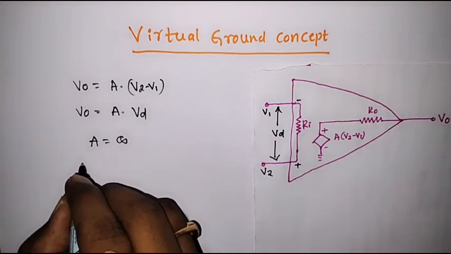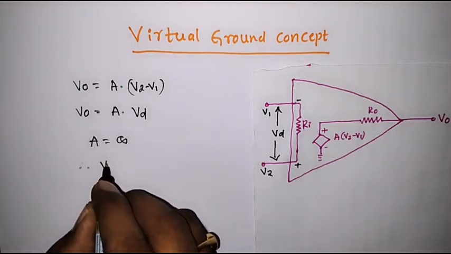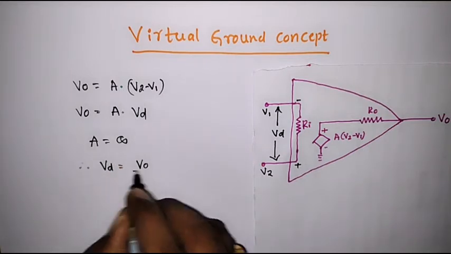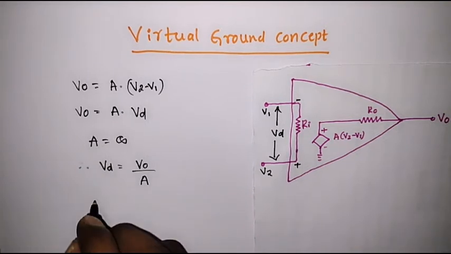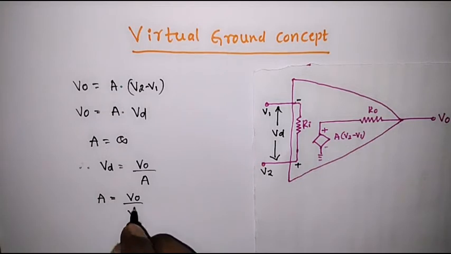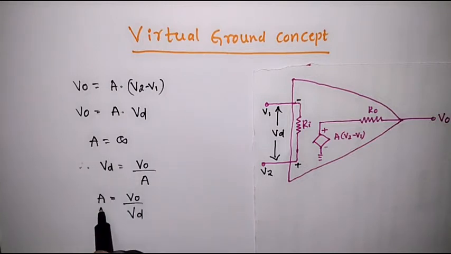So now I can write Vd is equal to VO divided by A, or I can write it as A is equal to VO divided by Vd, and we know that the open loop voltage gain of op amp is infinity.